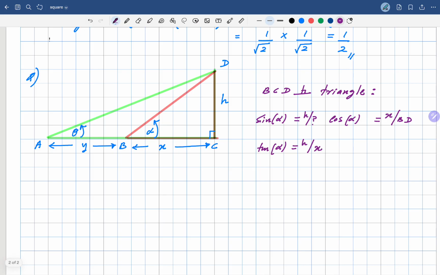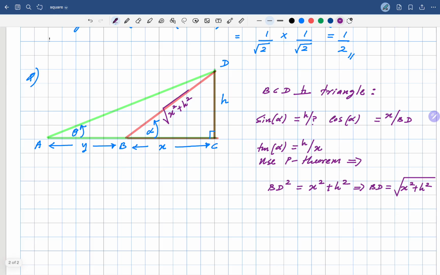Now how do you find the BD hypotenuse? We can use Pythagoras theorem. If you use Pythagoras theorem on the BCD triangle, BD squared is equal to x squared plus h squared. So from here you can find BD, which is the square root of x squared plus h squared.